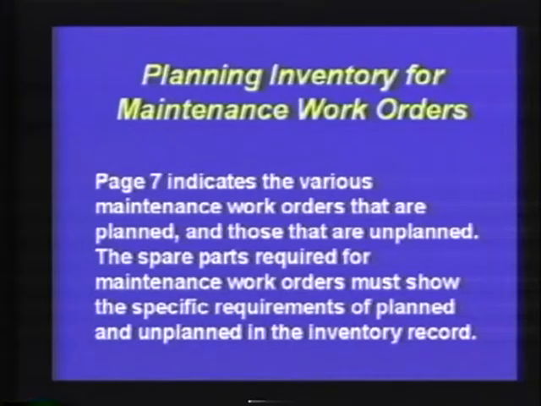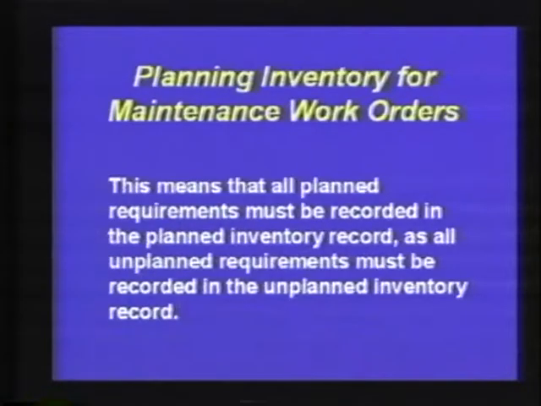The spare parts required for maintenance work orders must show the specific requirements for both planned and unplanned, and that has to be posted to the inventory record. The next paragraph indicates this means that all planned requirements must be recorded in the planned record and unplanned requirements in the unplanned record.